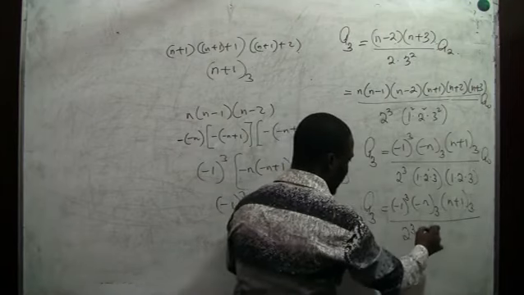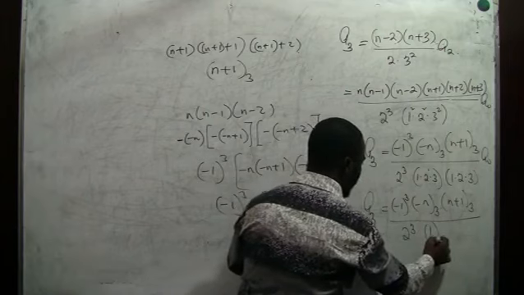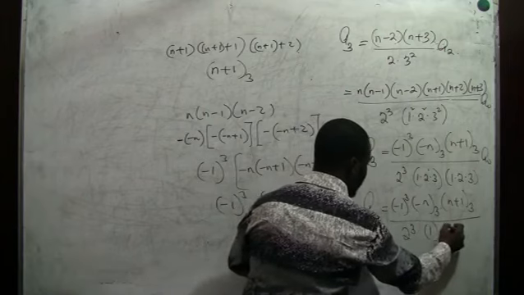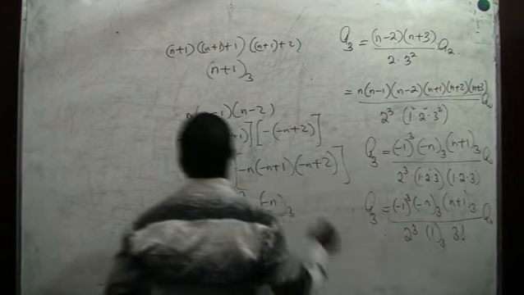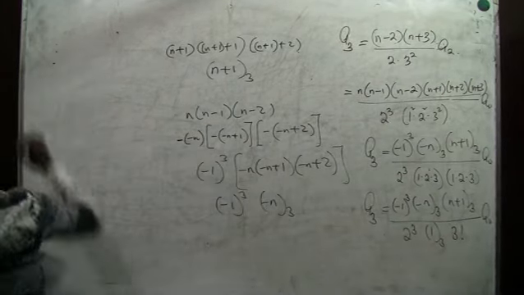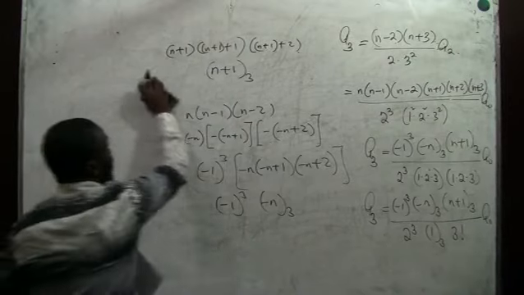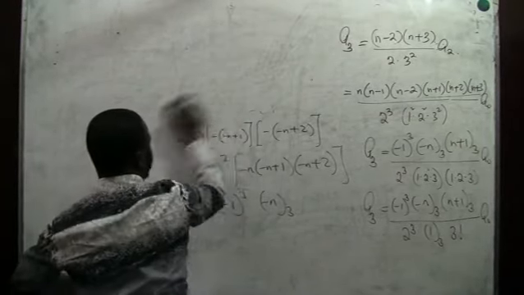The first one I can take as 1 sub 3, while the second one can be taken as 3 factorial a naught. So if we now proceed in that form, we can now make our generalization.